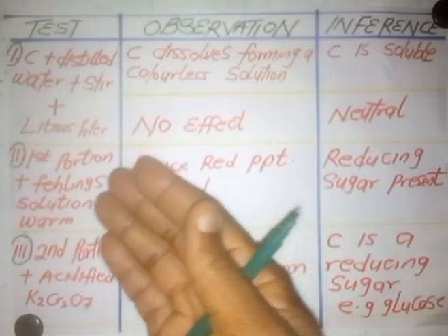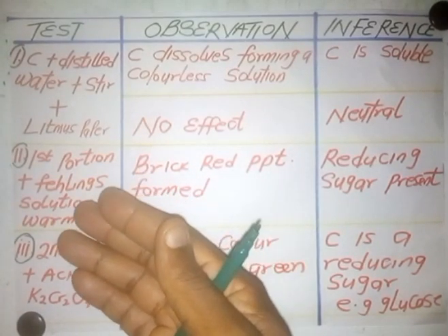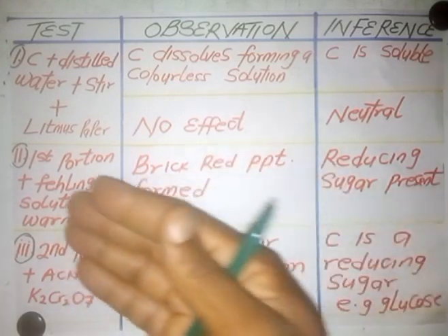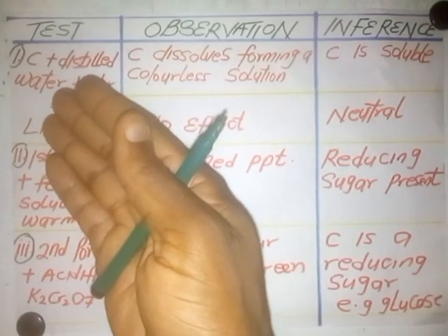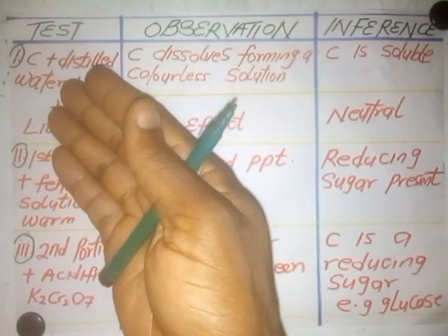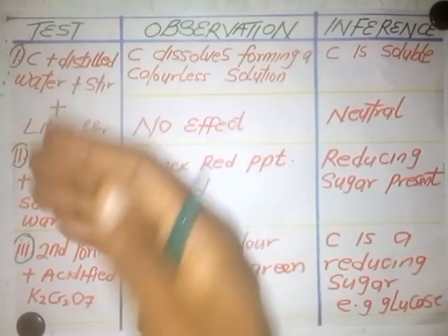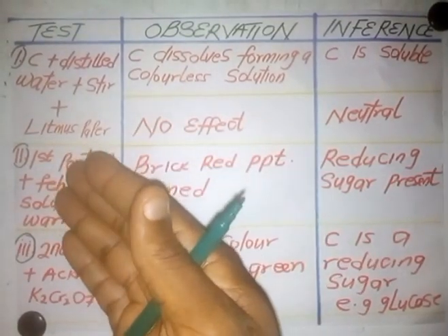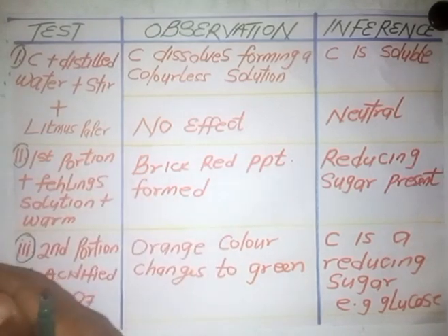Then I'm saying first portion plus Fehling's solution. What I mean by first portion is that this particular solution, I divided into two parts. I'm going to test both first and second portion.